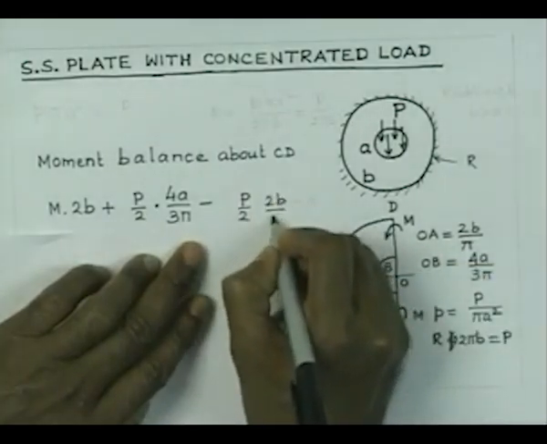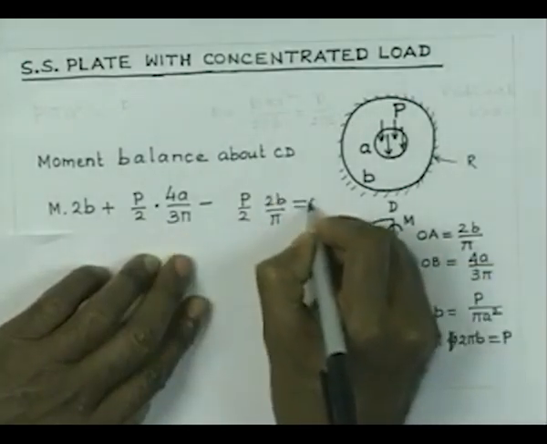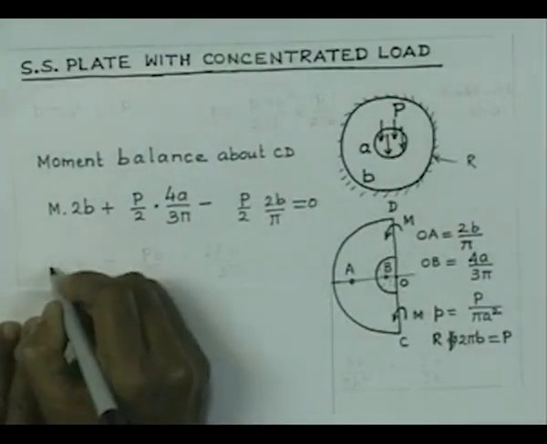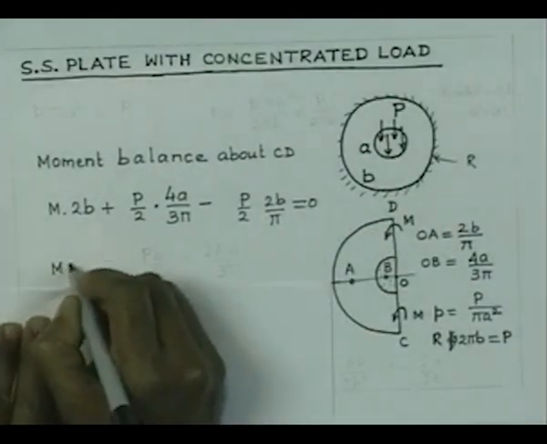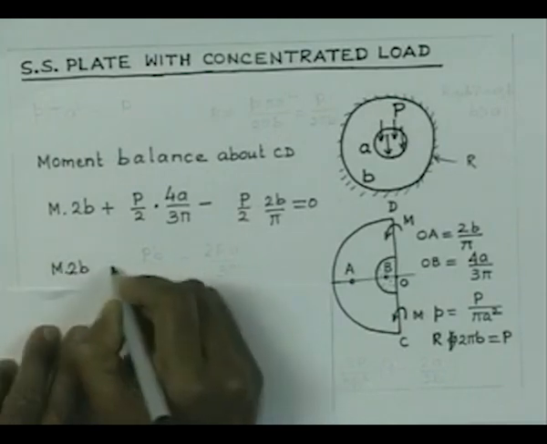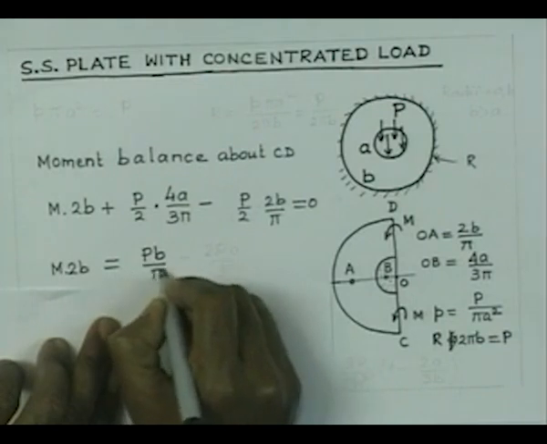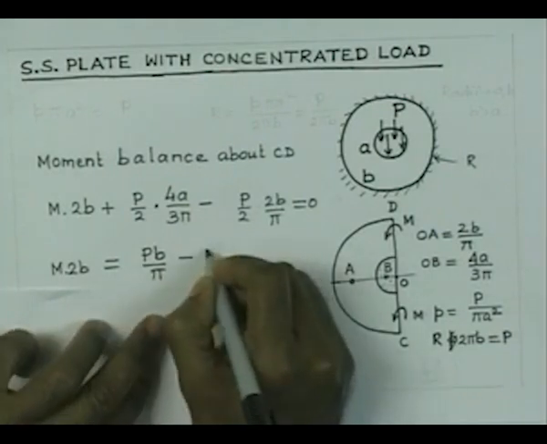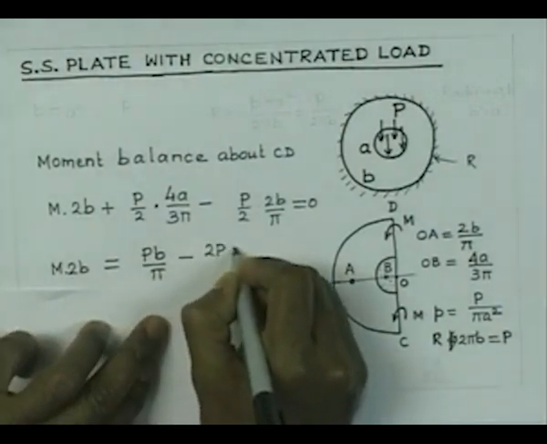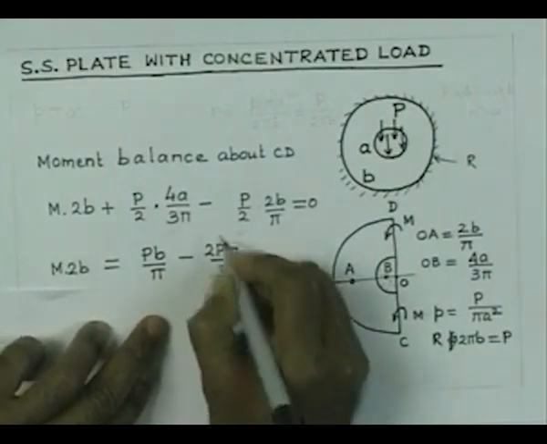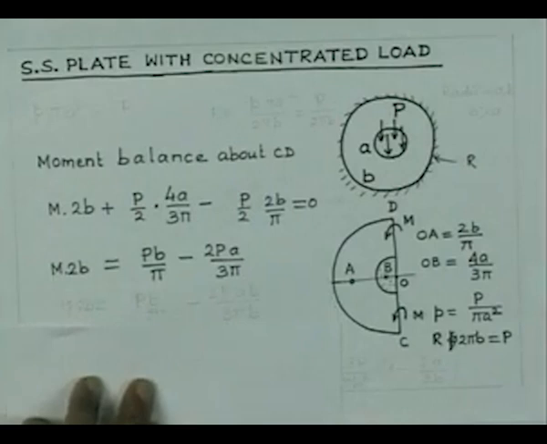So, that gives us the moment balance, and therefore, M into 2b is equal to Pb by pi minus 2Pa by 3 pi. So, simplifying we get this.